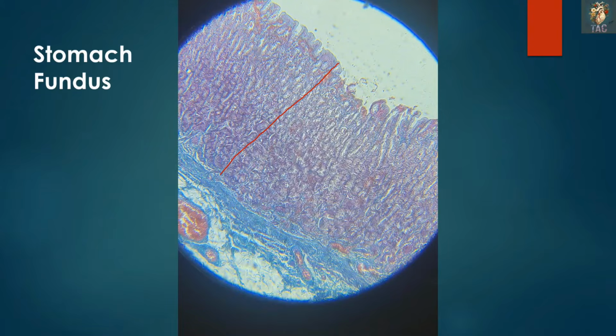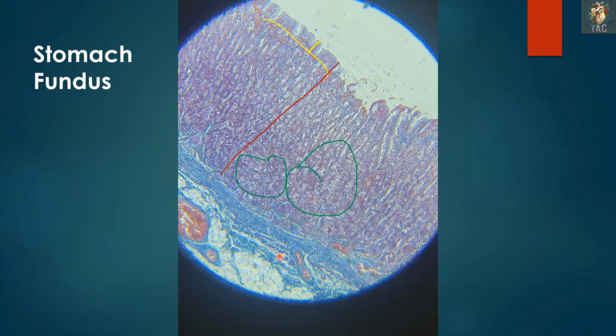These lines show the depth of the pits which are present. Another important point is that at the bases you can see multiple glands, and the dark eosinophilia in these glands shows the large number of parietal cells which are present.